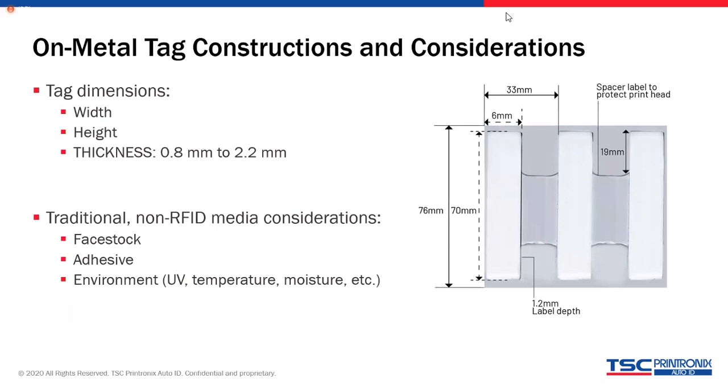Moving on, you want to look at the tag dimensions, the width, the height, and I'll get to the thickness in a second. There are many different on-metal tag manufacturers out there, and I can connect you with them if you would like. They will have products commercially available that'll have a fixed width and height. You may want a different fixed width and height.